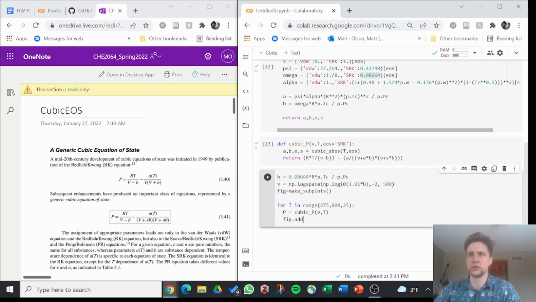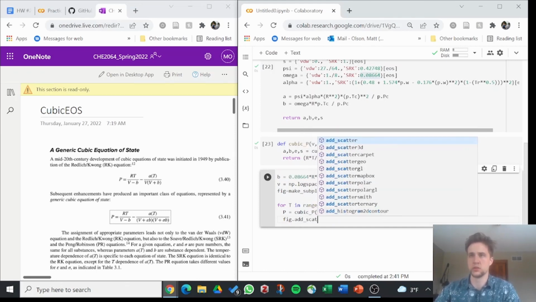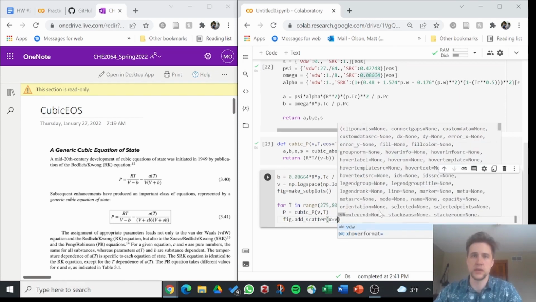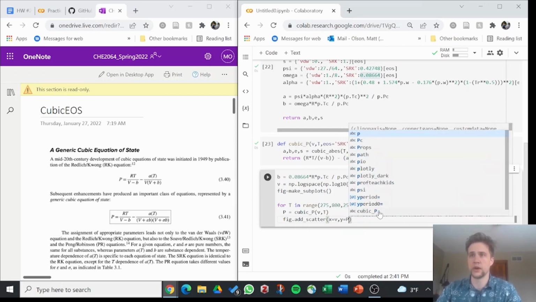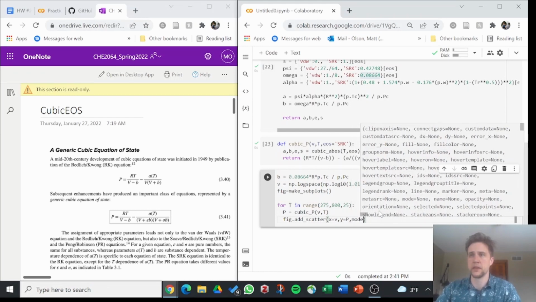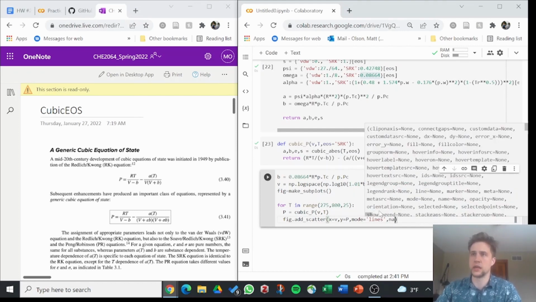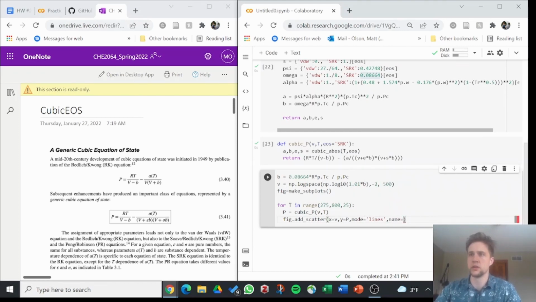Well, we're going to need to get some data points for it to actually calculate. So our volume is going to be our independent variable because our pressure is a function of our independent variable, which is volume here. So X is V, Y is our pressure, mode, let's do lines, and then the naming the graph.